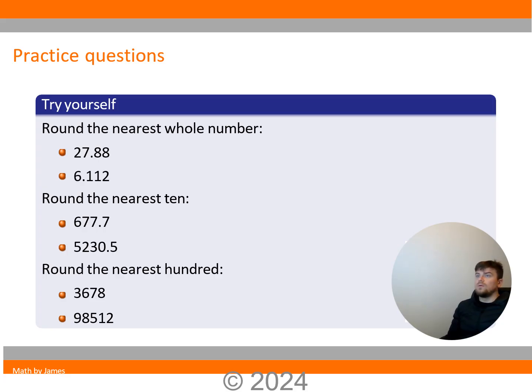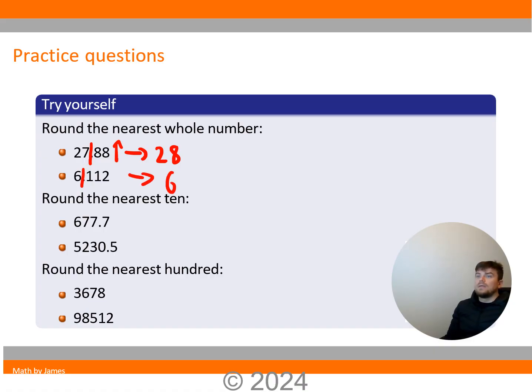So the nearest whole number of 27.88: we know we need to put our line in here. We've got an 8 after the line, so this means we round up. We put a line here, because it's a 1, this means we round down.